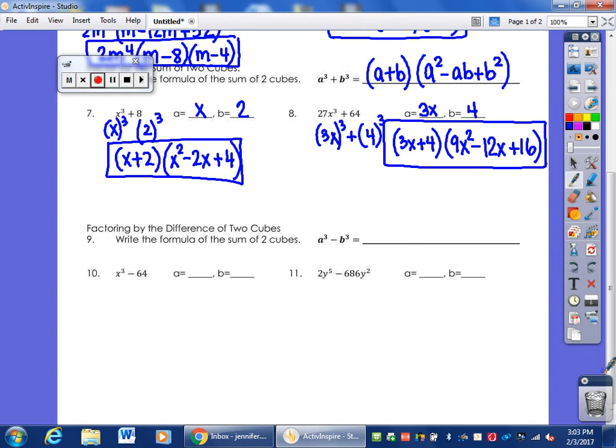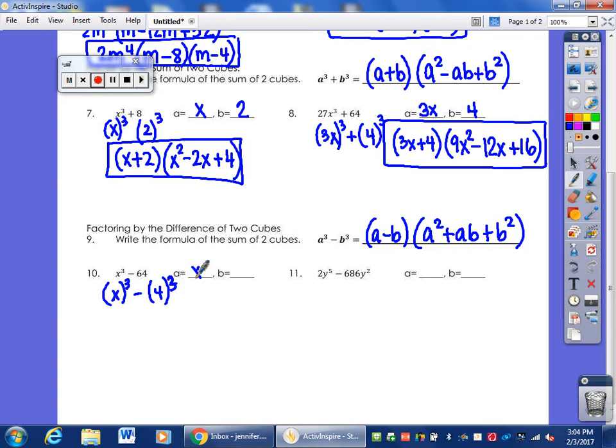Then the last two problems are a sum or a difference of two cubes. And so the formula for the difference of two cubes is a minus b times a squared plus ab plus b squared. So it looks similar, okay? So in this problem, this is x cubed minus 4 cubed.